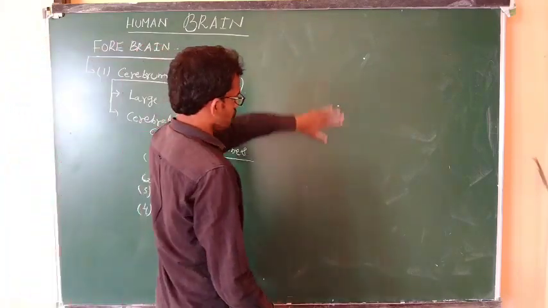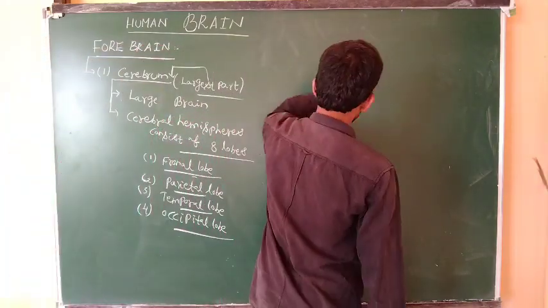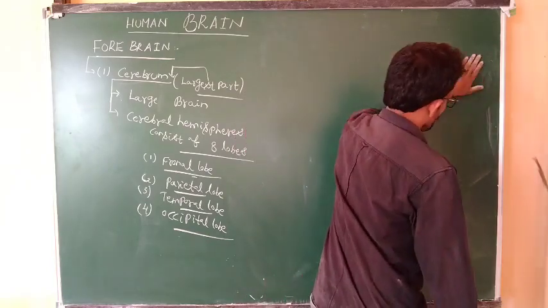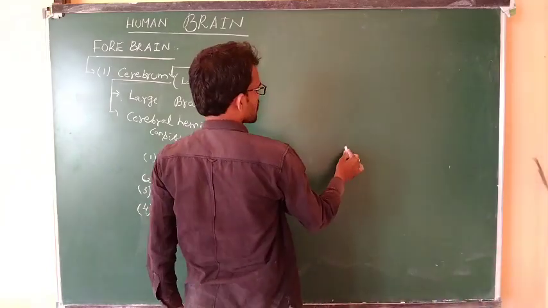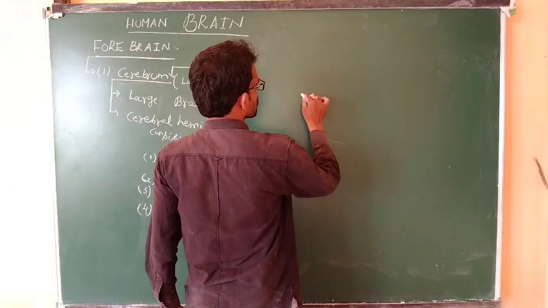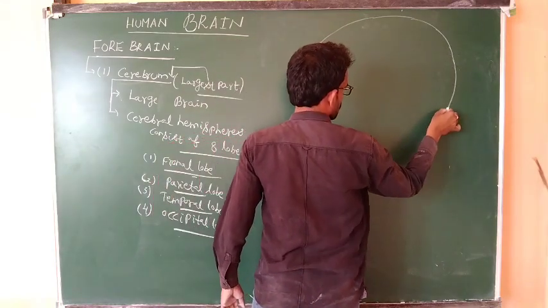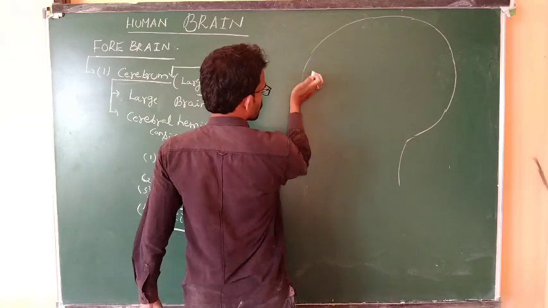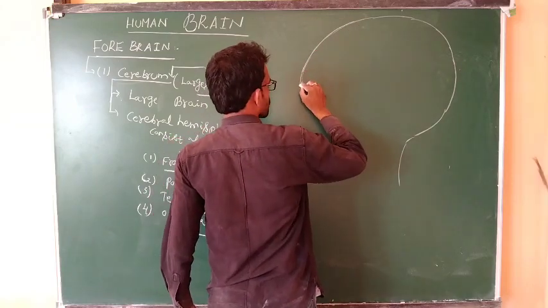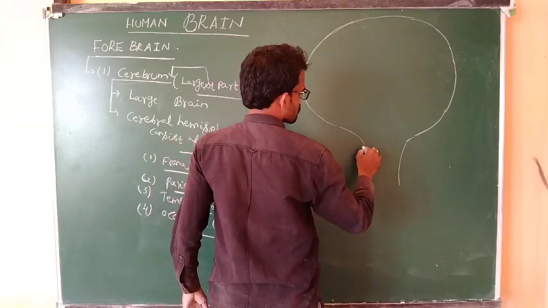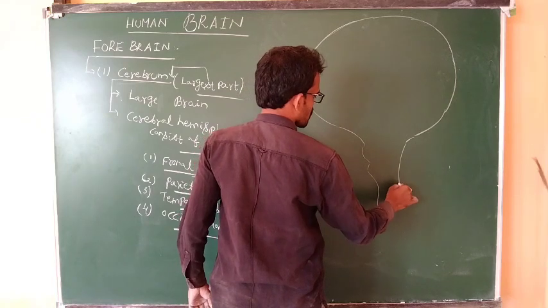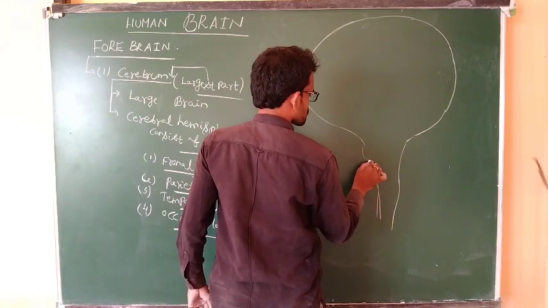The brain consists of eight lobes. Okay.